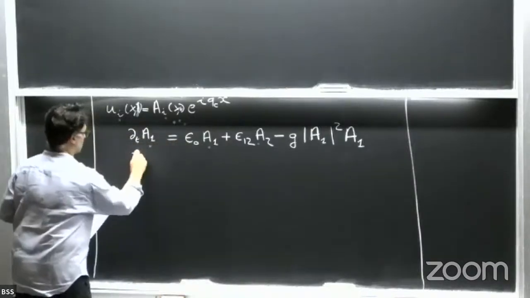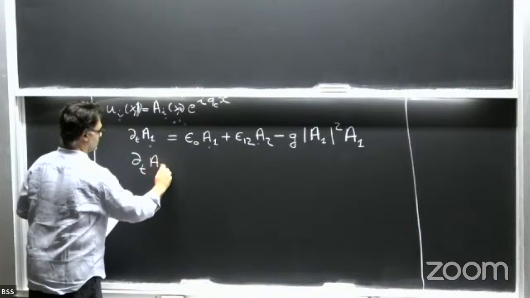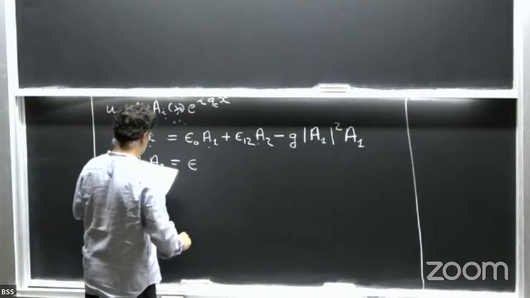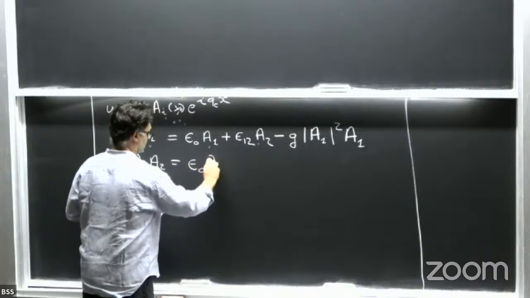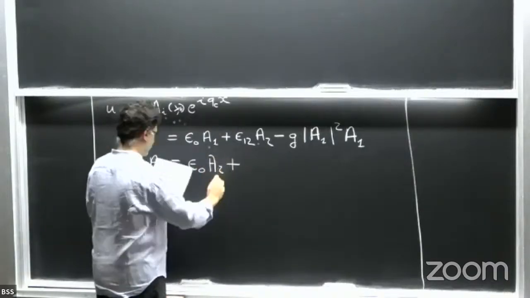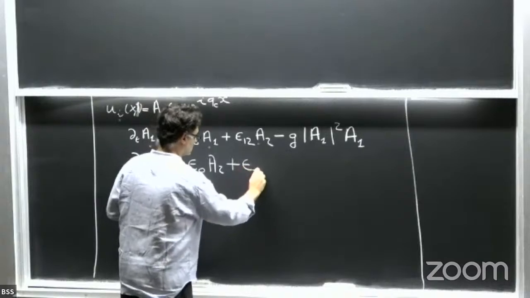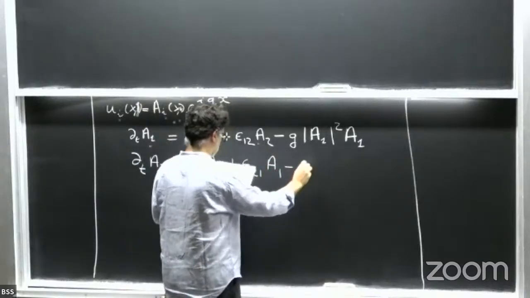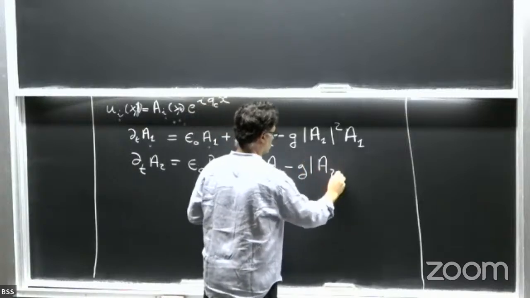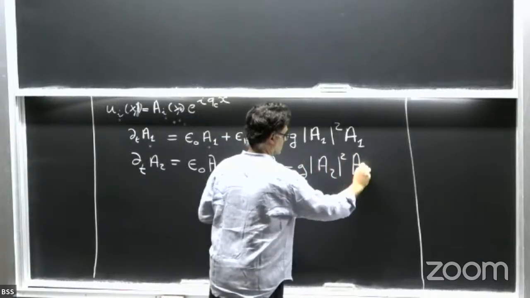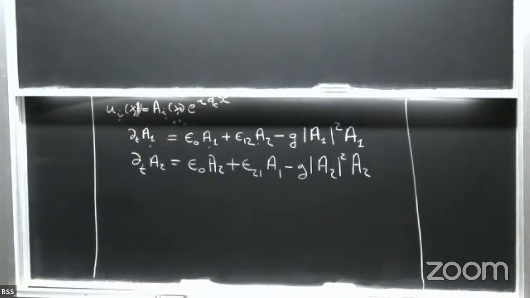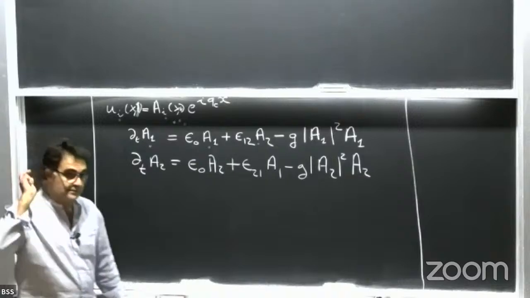But then there's going to be also another equation. This equation is going to have the form E0 A2 plus E21 A1 minus G |A2|^2 A2. Okay. Got it.